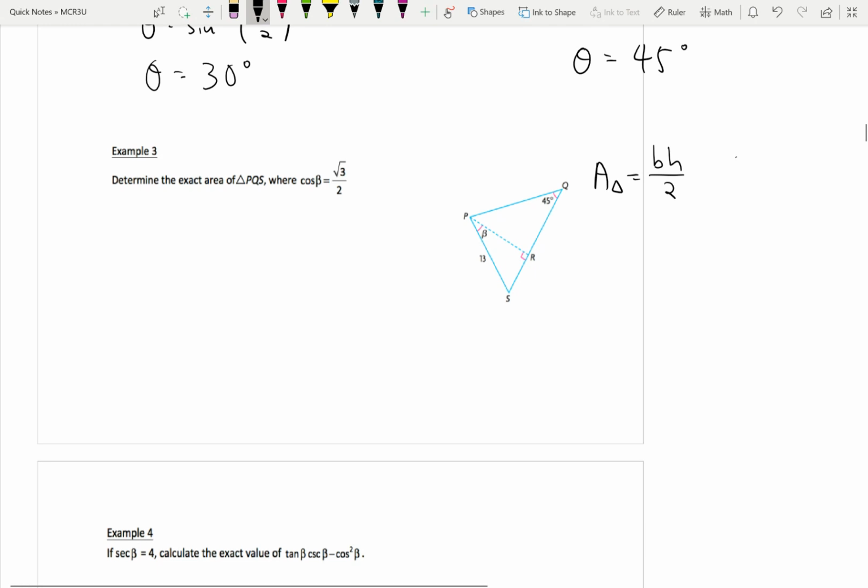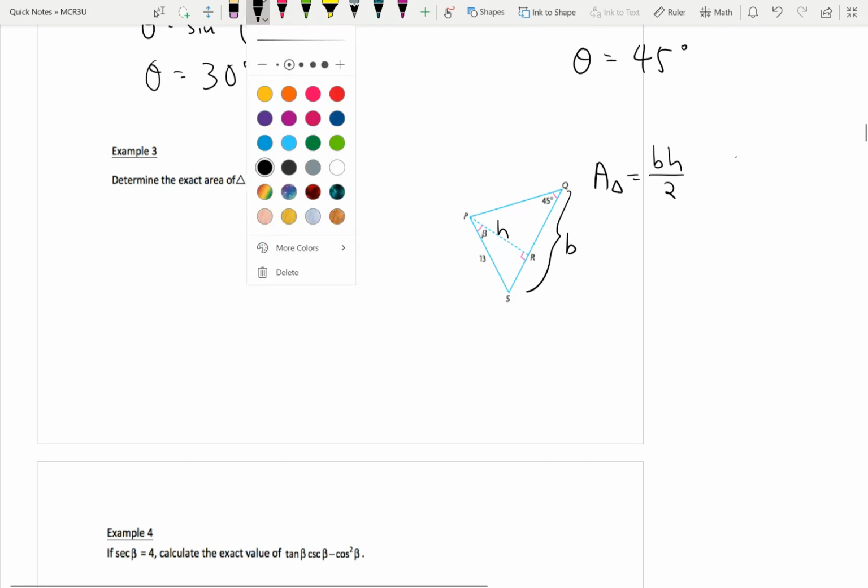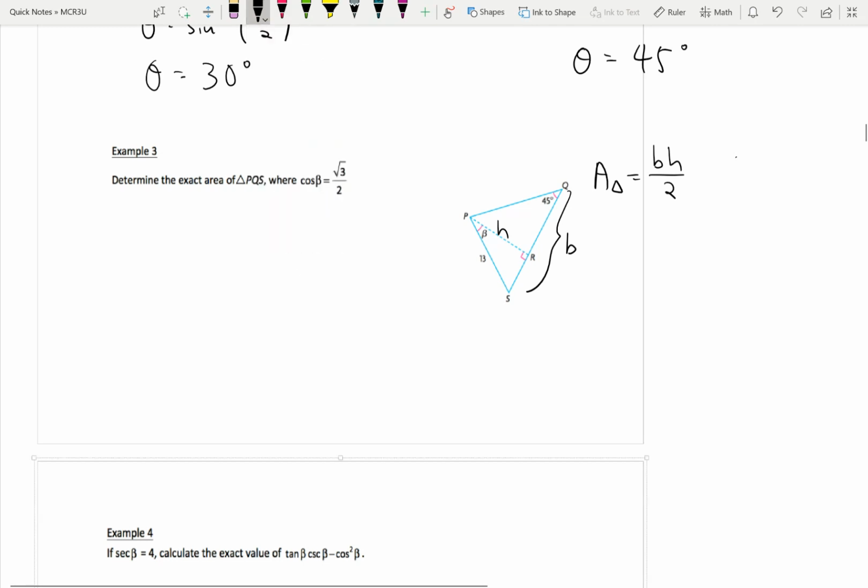So what we really need is the length of the base, and we also need the length of the height, and then multiply those and divide by 2. Now, we need to do this in steps. So I think the first one I'm going to start doing is actually the h.